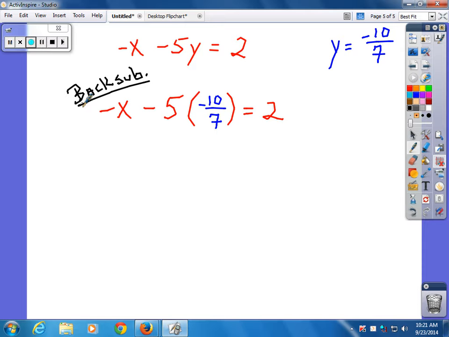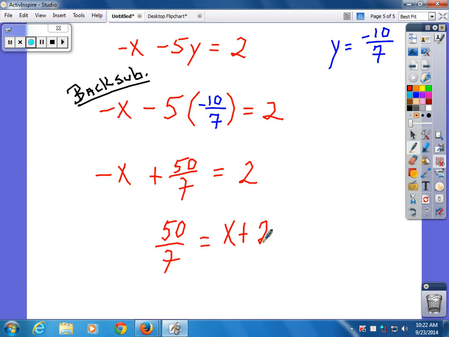So negative x plus 50 over 7 is equal to what? 2. Well, I'm going to bring my x over because I don't like fooling with negative variables. So I'm going to bring that x over. And I get 50 over 7 is equal to x plus 2.